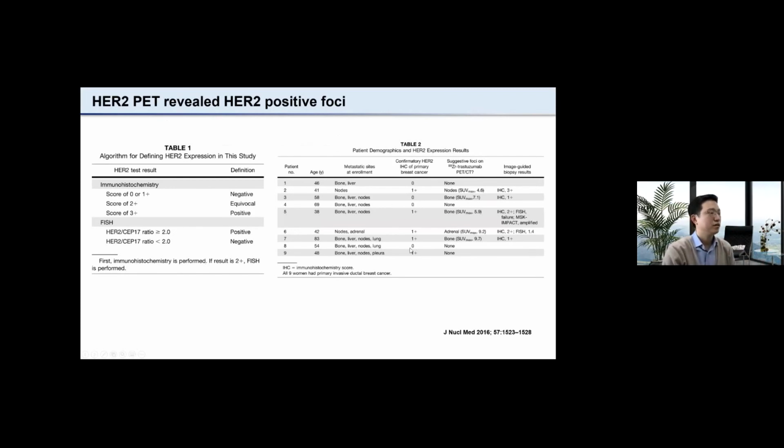The 9 patients had a grade 0 or 1, which means HER2 negative. But after performing HER2 PET, they found multiple HER2 positive lesions, and those lesions were confirmed to be HER2 positive according to the gold standard method.